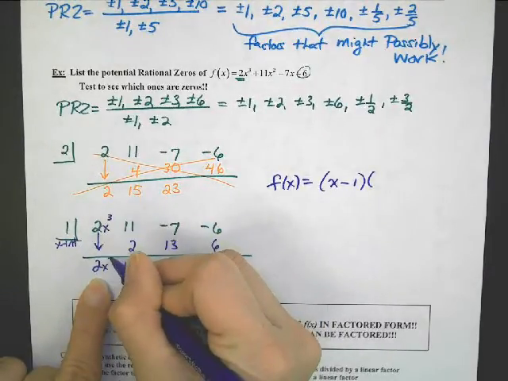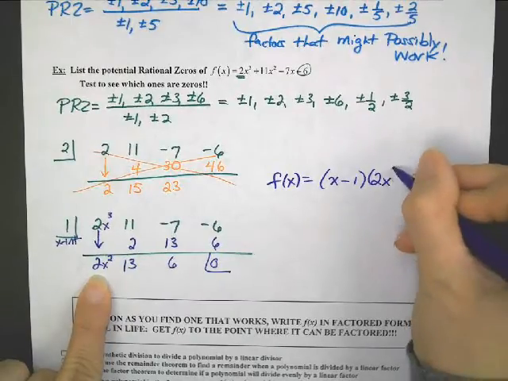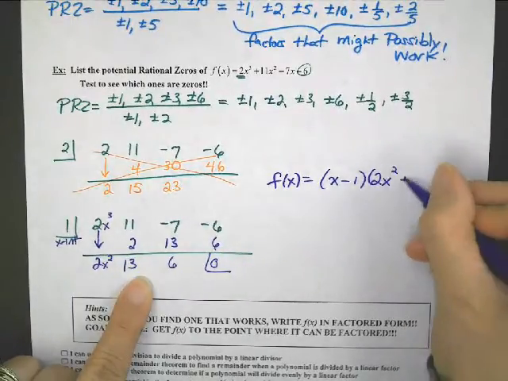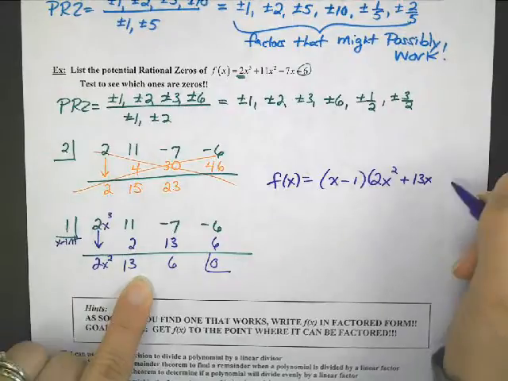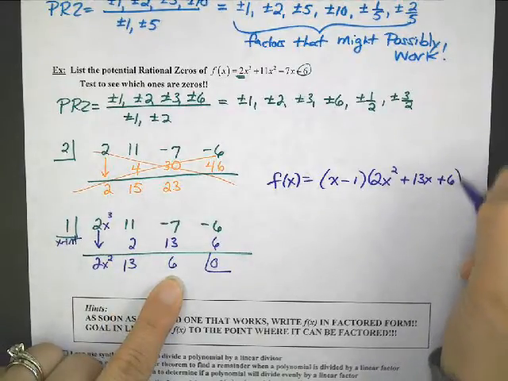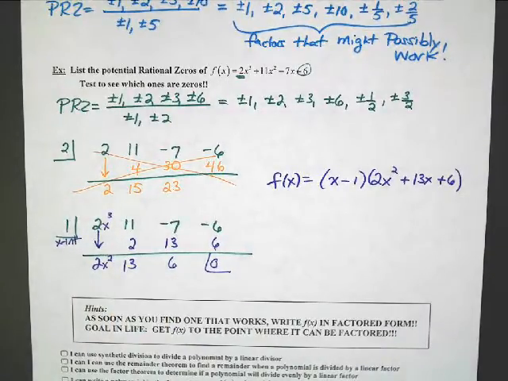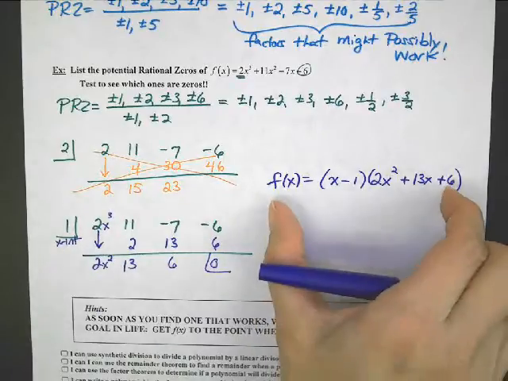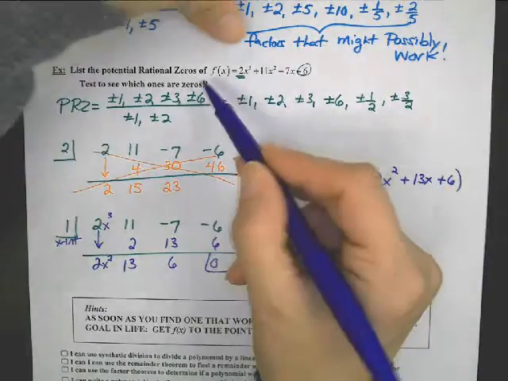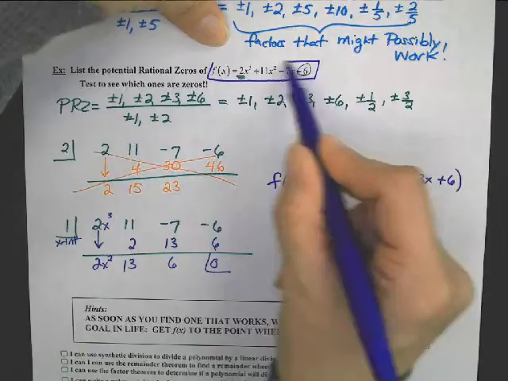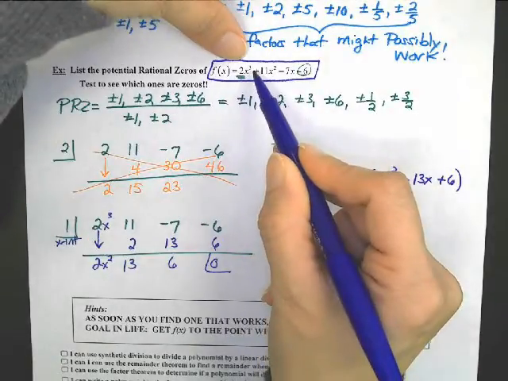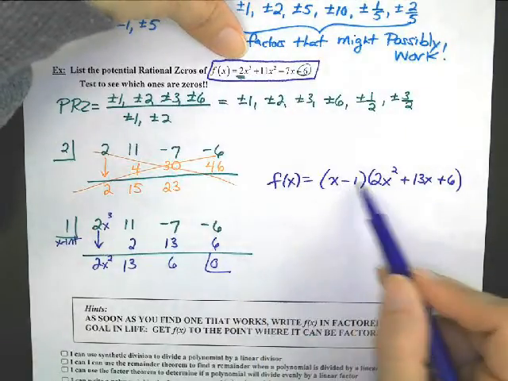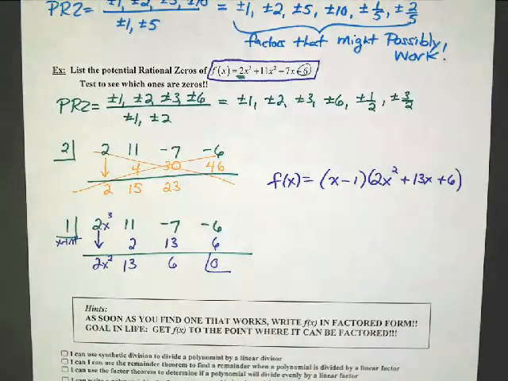This is 2x squared. Okay, 2x squared plus 13x plus 6. Okay, as soon as you find one that works, you write f of x in factored form. F of x, when he started, was 2x cubed. Is it still 2x cubed? Absolutely. Now, I guess we should keep going and trying some more PRZs.